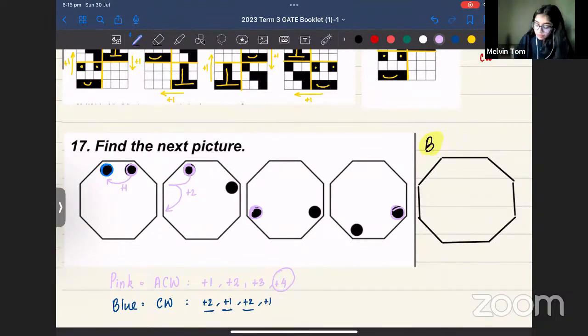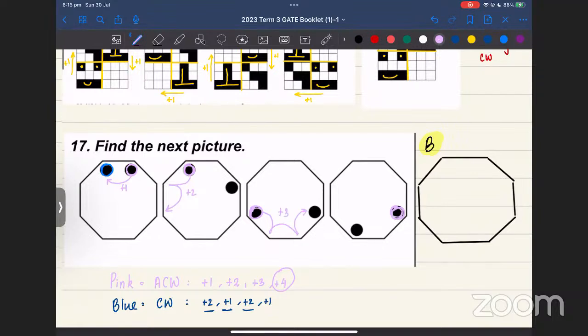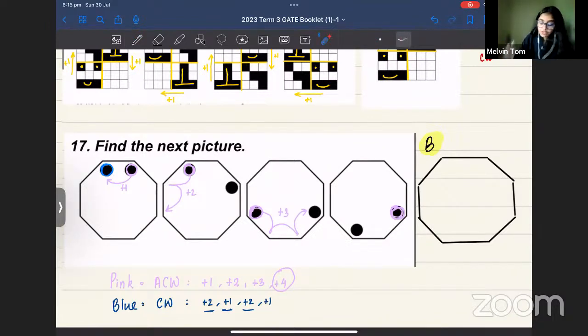Now, from image 3 to image 4, that's over here, it's moved 1, 2, and 3. That's +3. So if you look at the patterns for the pink dot, it's +1, +2, +3.